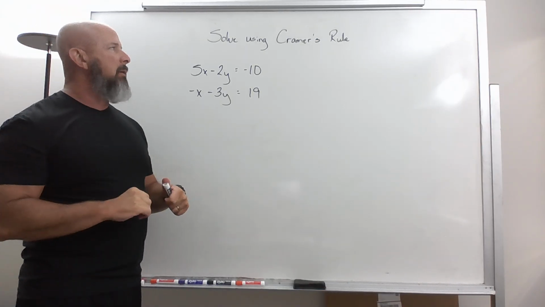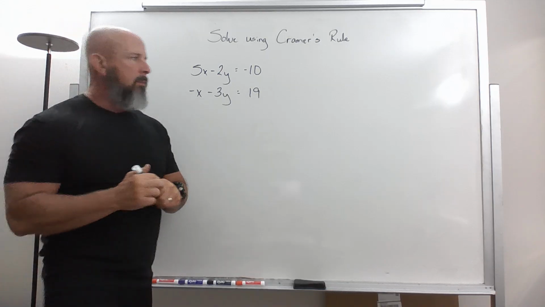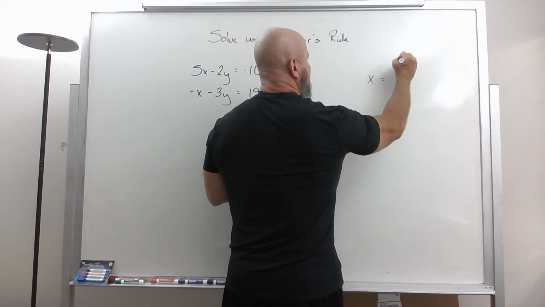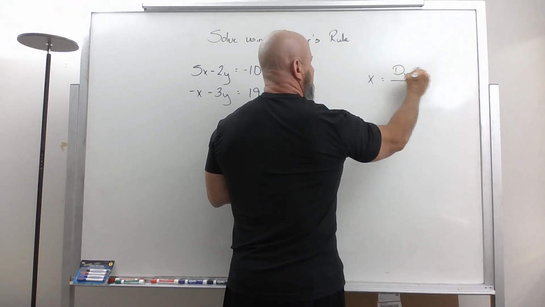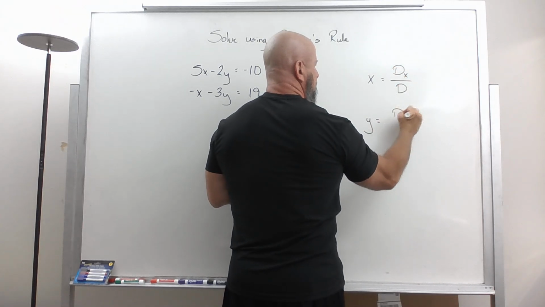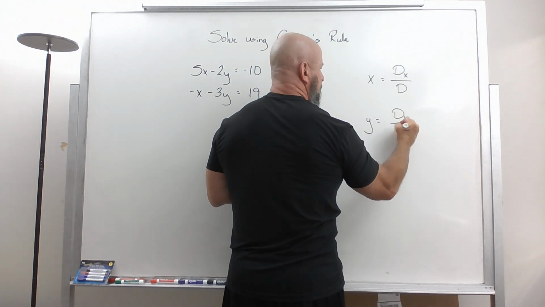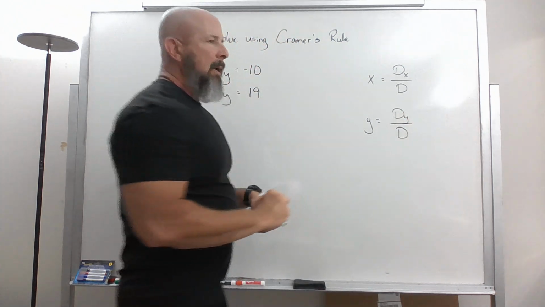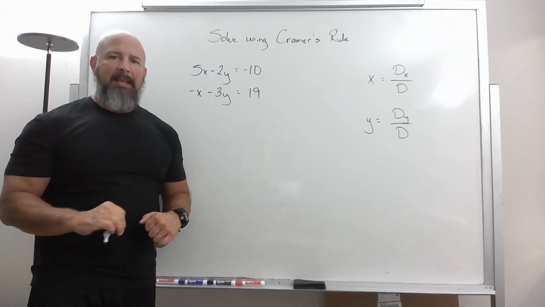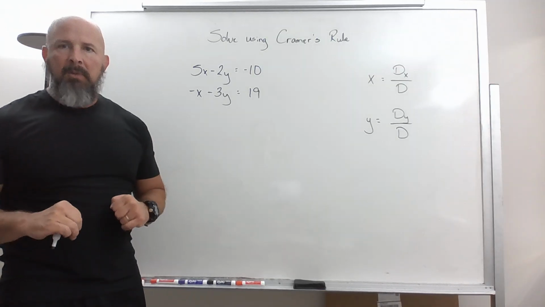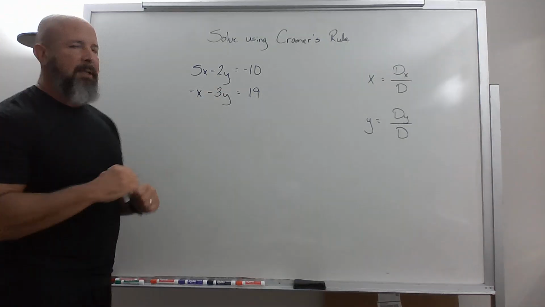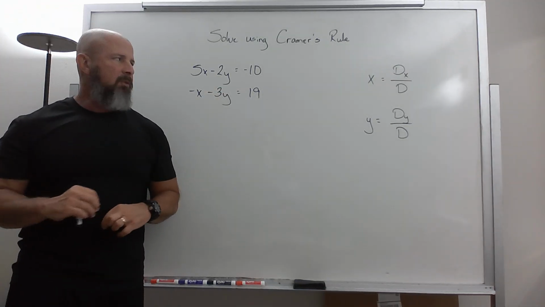So just a little reminder here, Cramer's rule is x would be the determinant with respect to x over D. Y would be the determinant with respect to y over D. And if we were solving for z, the determinant with respect to z over D, whatever variable we're solving for. I just wrote it in terms of x and y because that's what I've got in this 2x2 system here, two equations, two unknowns.